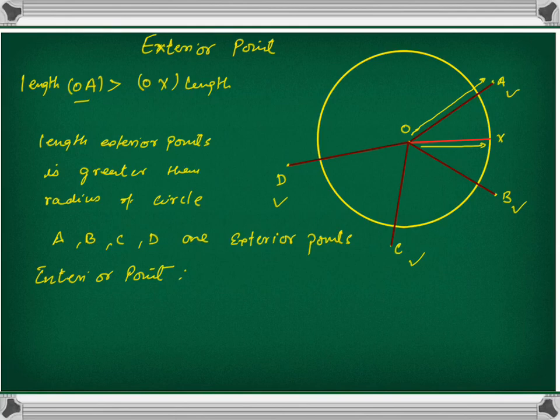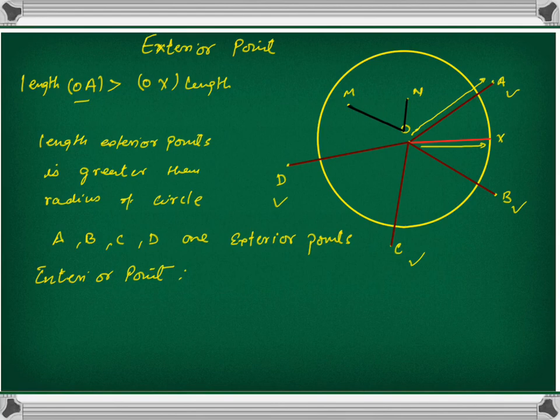So for interior points, this is the point I am taking within the circle. This is the point I am considering, M. This is the point I am taking, N. So the distance from M and O, and N and O, whatever the distance is, is less than OX.